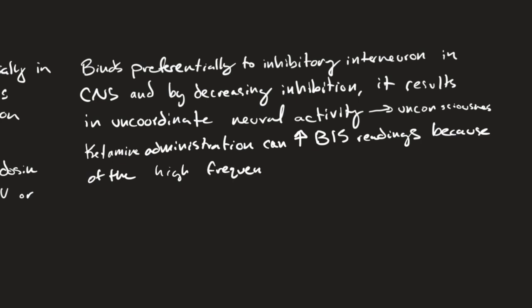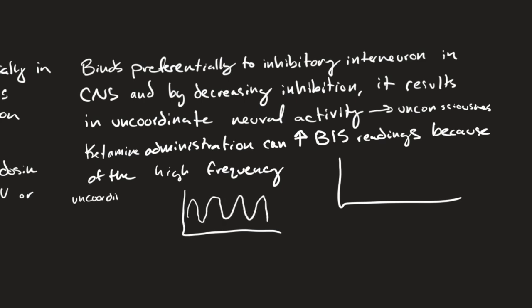So you might think, oh, this reflects that the patient is light. They're not anesthetized. But the patient is anesthetized. It's just that the BIS doesn't really interpret the effect of ketamine all that well. So by blocking these NMDA receptors on inhibitory neurons, you cause this disorganized excitation.